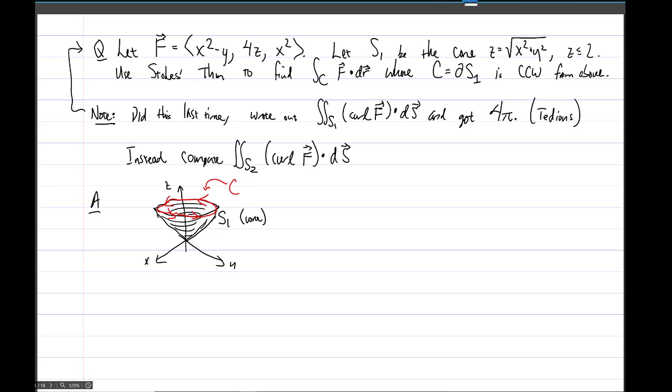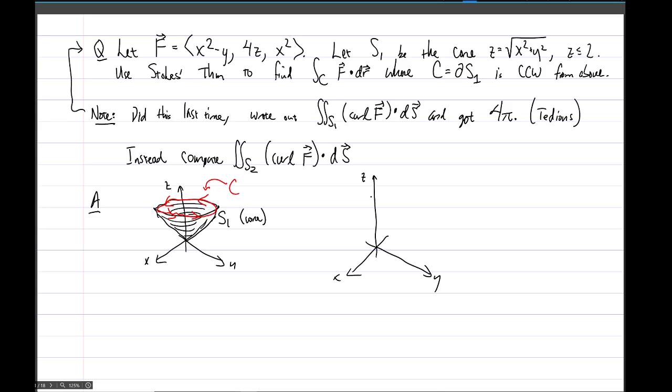Now, if we're thinking about using Stokes' theorem, we need a surface whose boundary is that curve C shown in red. Now, S1 is the surface that's described in the problem. It is a surface whose boundary is C, but there's an easier surface whose boundary is C. There are many surfaces whose boundary is C, but let's go with an easy one.